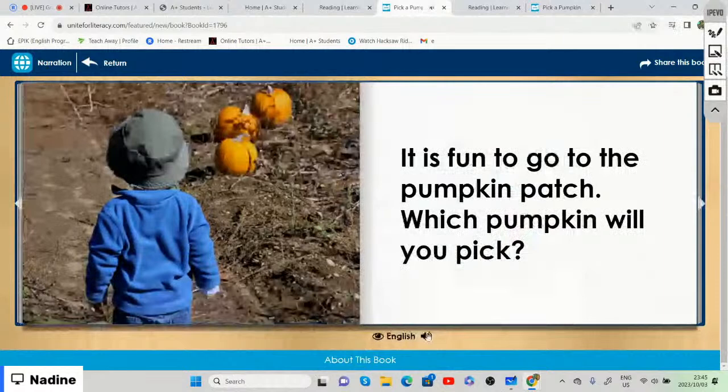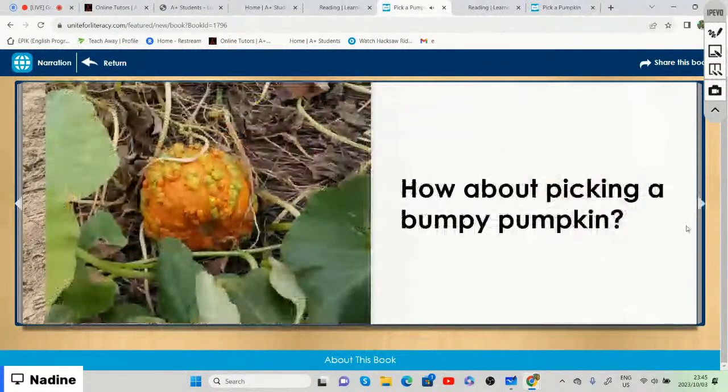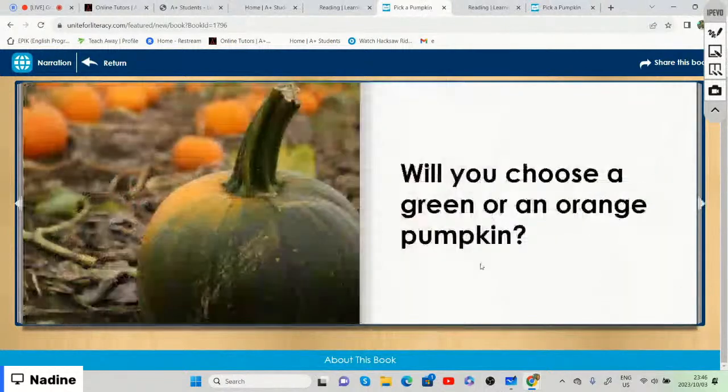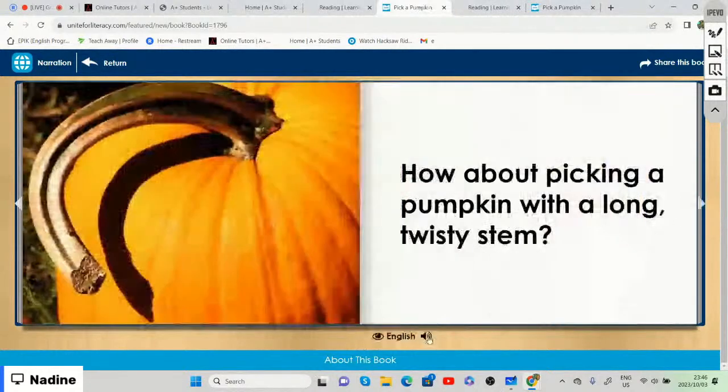It is fun to go to the pumpkin patch. Which pumpkin will you pick? Will you choose a tall or a short pumpkin? How about picking a bumpy pumpkin? Will you choose a green or an orange pumpkin? How about picking a pumpkin with a long, twisty stem?